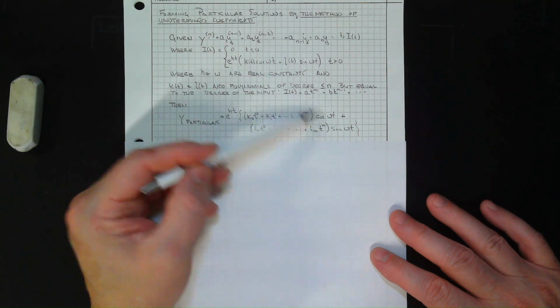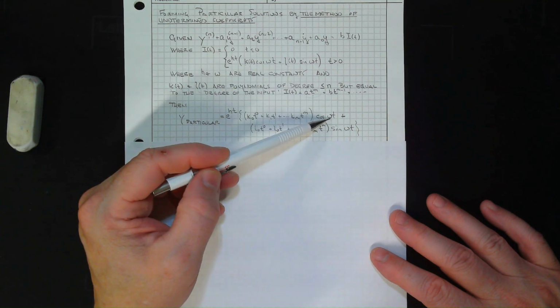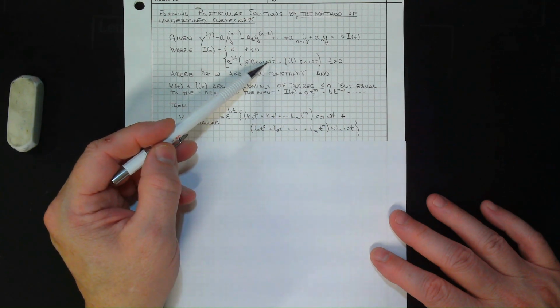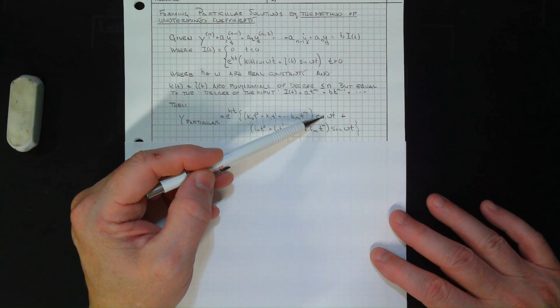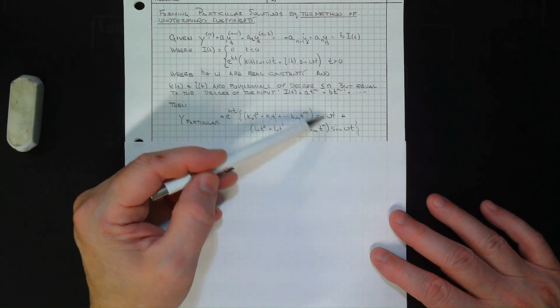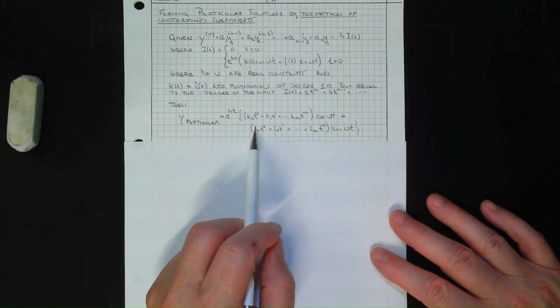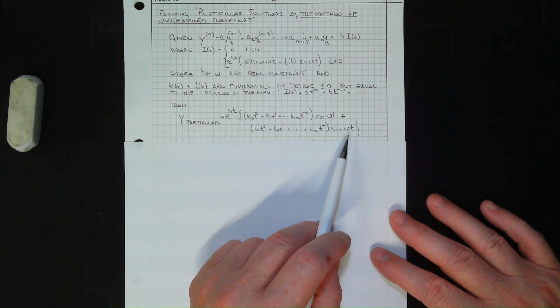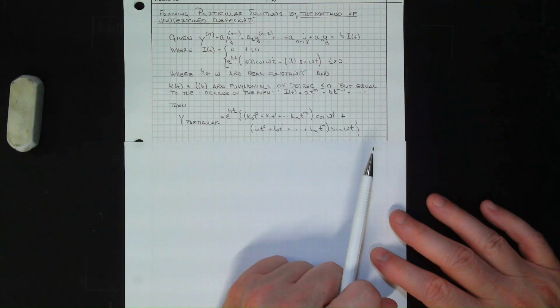Cosine, with the exact same frequency. This is a characteristic of linear equations: if you have a sinusoid at frequency w, you get an output at frequency w. Frequencies flow through. And here we have this other polynomial, which also goes up to the power of m, with sine omega t.